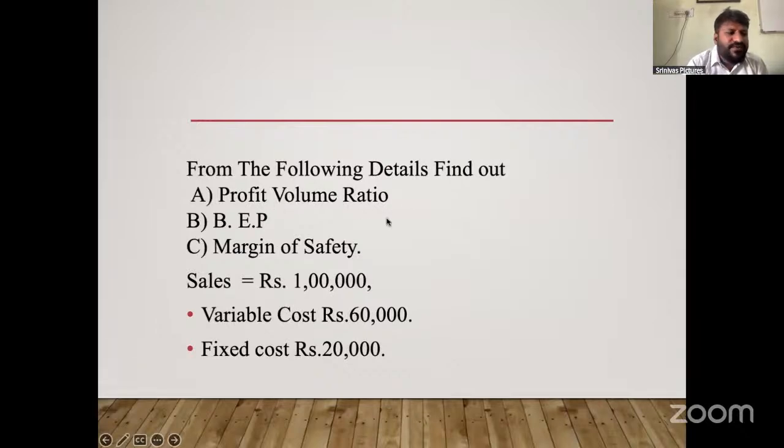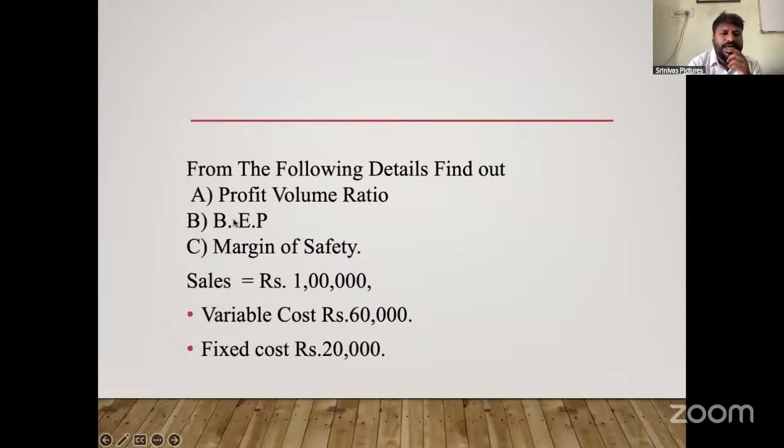To calculate that, we require contribution, and for contribution we require sales and variable cost. Sales minus variable cost, 1 lakh minus 60,000, is 40,000. That 40,000 is our contribution. Contribution by sales is nothing but the PV ratio. So 40% is the PV ratio.